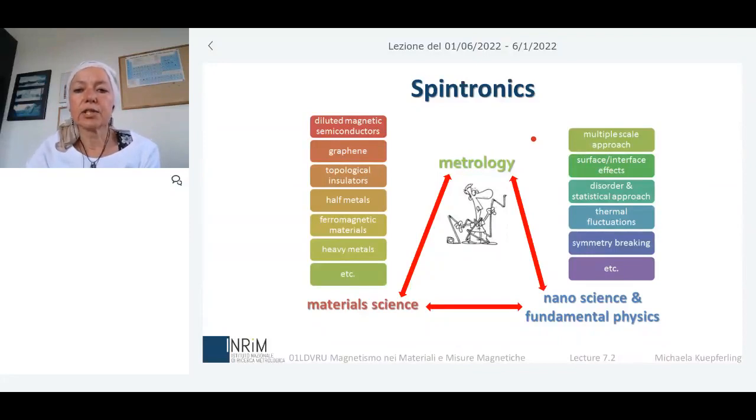In the last years we performed 2 different kinds of round robins in spintronics, and we saw that this is still a very open point, and measurement accuracy is very difficult to reach, even if we compare one single sample with the same measurement method in different labs. We cannot reach very comparable results at the moment, and that's a very critical point, because if you want to go towards industrial applications, how can you do that if you have no measurement standards available at the moment?